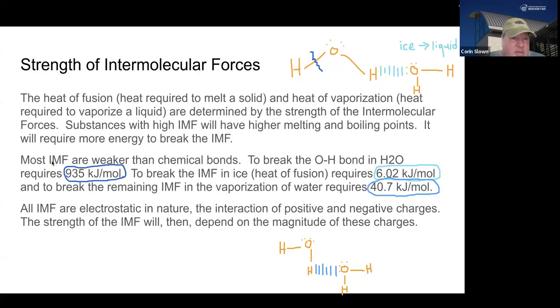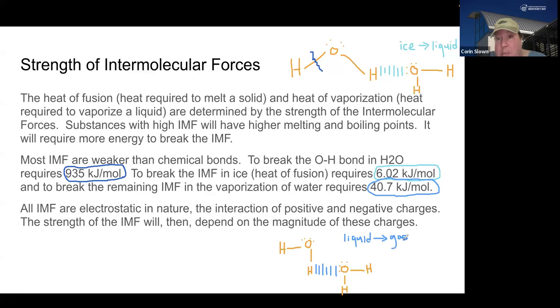Whereas if I'm thinking about liquid water and I'm going from liquid to gas, that's going to take more energy. And the reason for that is because I'm completely dissociating that water molecule from the rest of the liquid and it's escaping into the atmosphere.